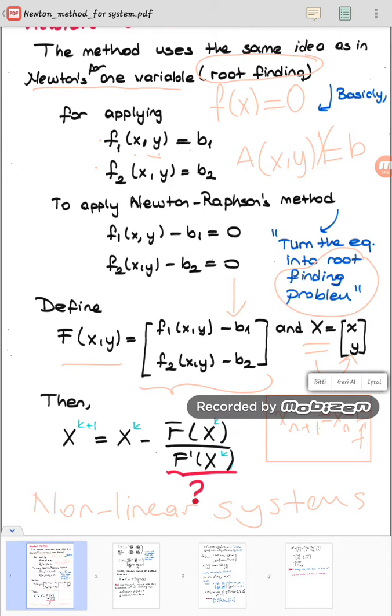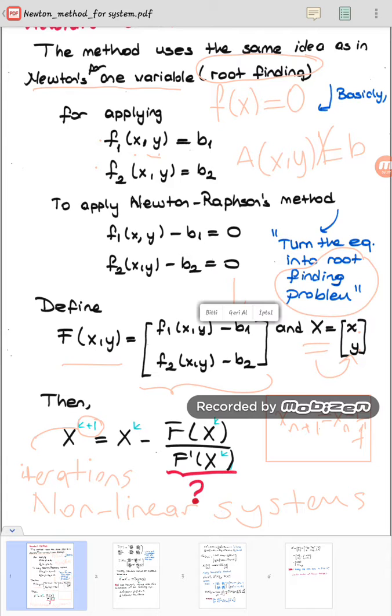Now, using the same process, the same scheme, we apply the vector form, because my vector contains two different components, x and y. Because of this, we use superscripts to denote the iteration process of the vector form. This is the iteration.